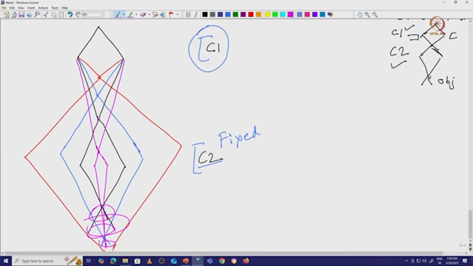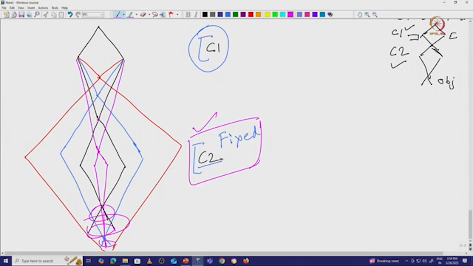Now let's do one exercise. We have a fixed C2 lens, and we'll try to converge all the electron beam in one particular point. We will not allow the electron beam to converge wherever it wants.